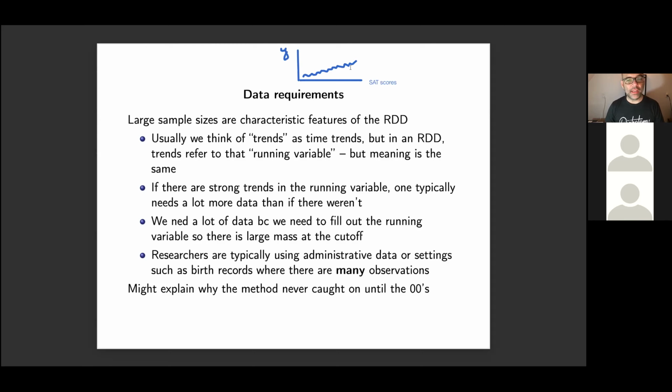Notice right here, this shows trends in the SAT scores, not time. The running variable may have trends. And the more trends there are in the data, the more data you need to identify causal effects with RDD designs.